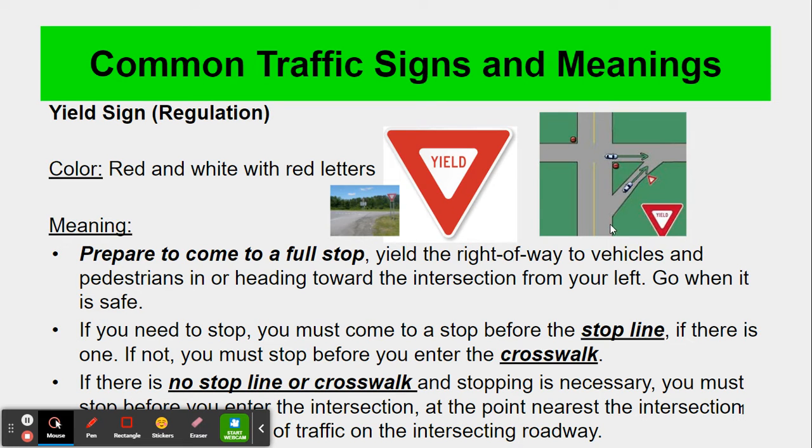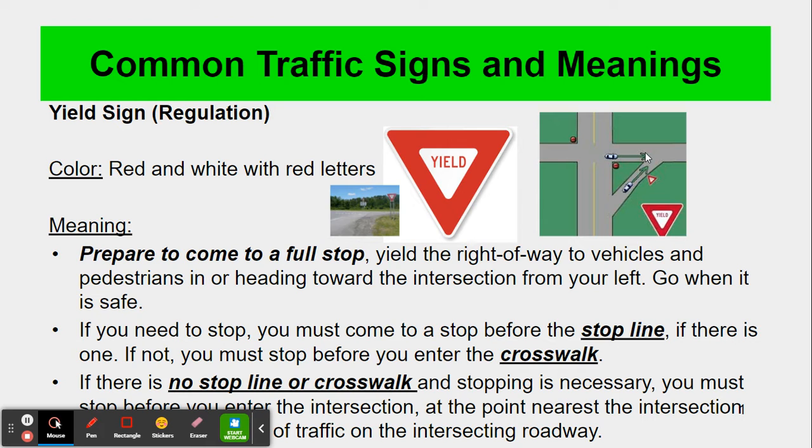Whatever way you're merging into traffic, you're going to be looking over the same shoulder to where you're merging, looking for oncoming traffic. You check your mirrors and do your head check. You're going to look all the way down over your left-hand shoulder. This is a real look over your left-hand shoulder, not just looking in your blind spot.